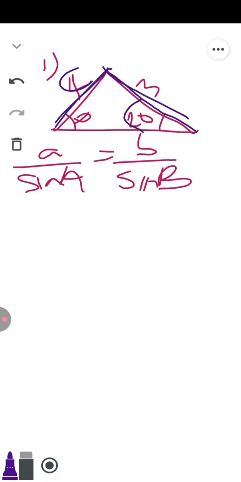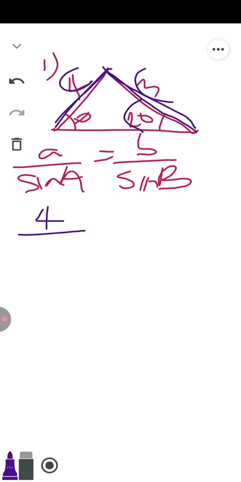Let's pick 4. Which angle will I pick? I have to pick 20, because you must pick the angle that is facing 4. Don't pick 4 and theta; you will be wrong. If you are picking 3, then you pick theta, because theta and 3 are facing each other. If you are picking 4, you pick 20 because that's the angle facing 4.